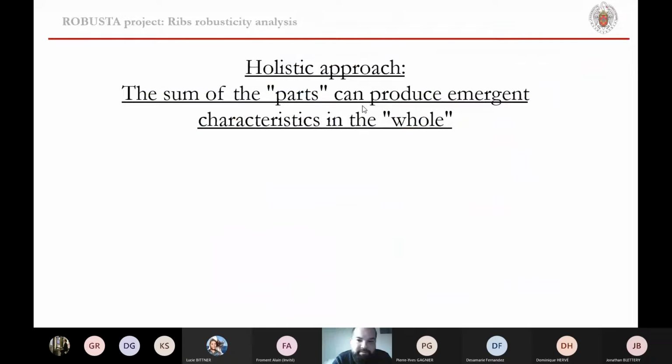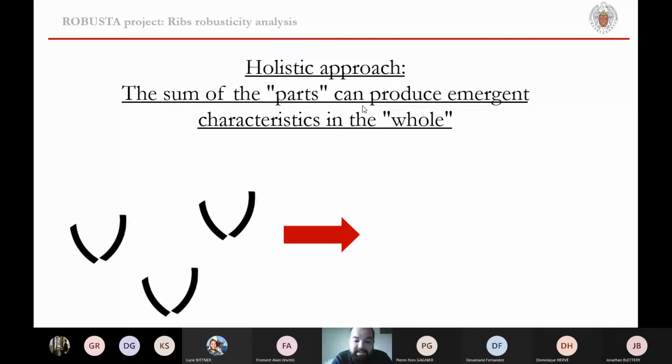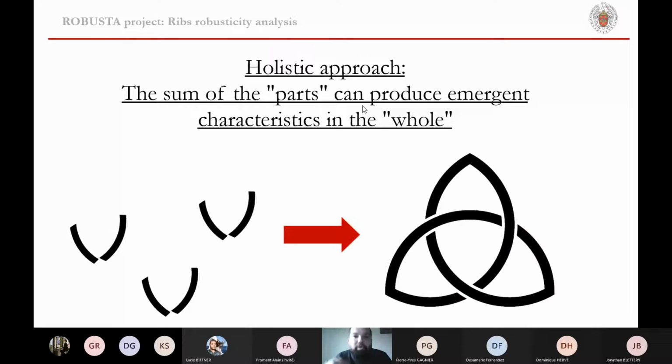It is important to follow what we call a holistic approach, not studying only individual ribs or individual vertebrae, because the sum of the parts can produce emergent characteristics in the whole, in the entire thing. So individual parts can produce complex 3D morphologies or complex anatomies.